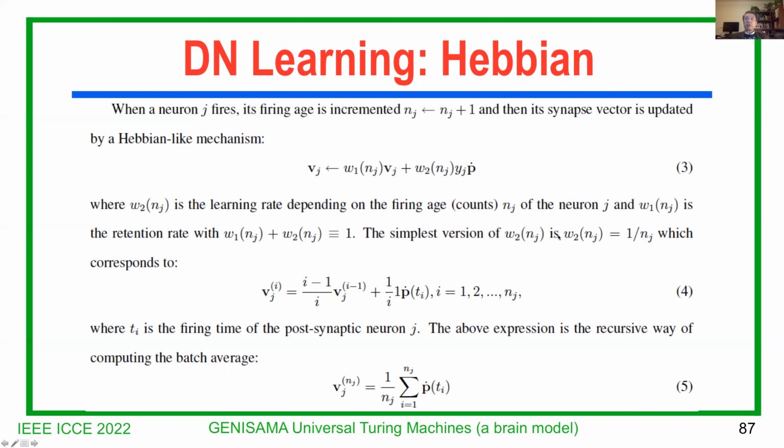The simplest version is that at age 1, suppose the age is i, then if i equals 1, then this is 1, the response is 1, and the input will feed into this directly, no matter what kind of random weights you start with. Random weights will only decide which is the best winner. But as soon as the first firing, the input will get into the weight, and the initial weight is totally forgotten.